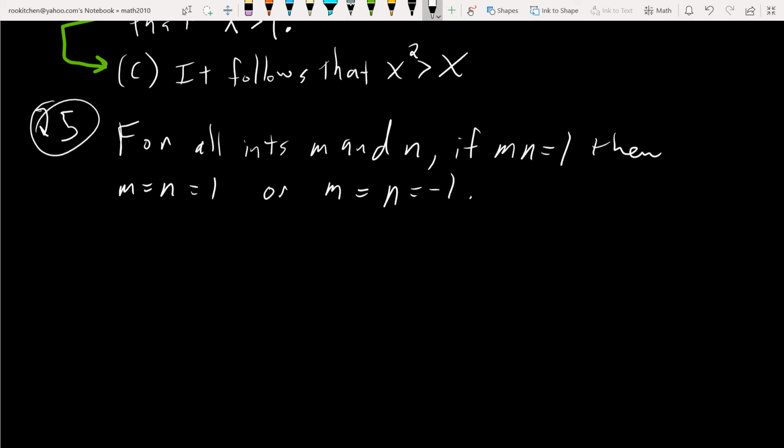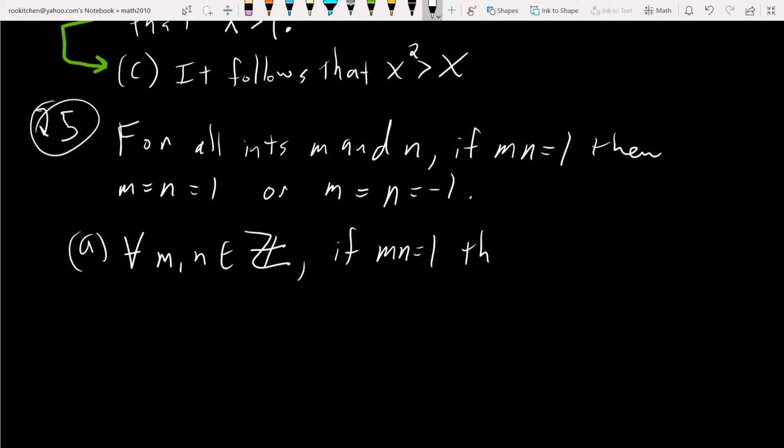Okay, so part A, I'll rewrite it in a more formal way. For all m, n in the integers, if m times n equals 1, then m equals n equals 1, or m equals n equals negative 1.